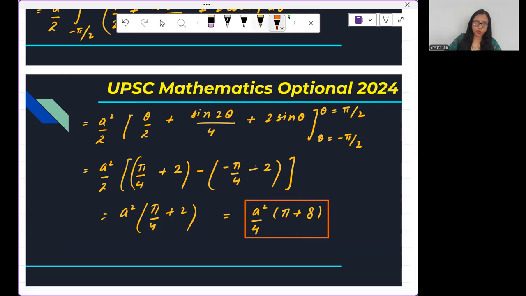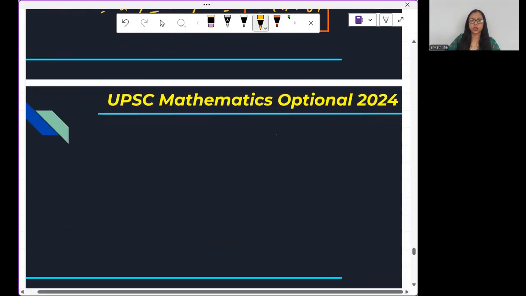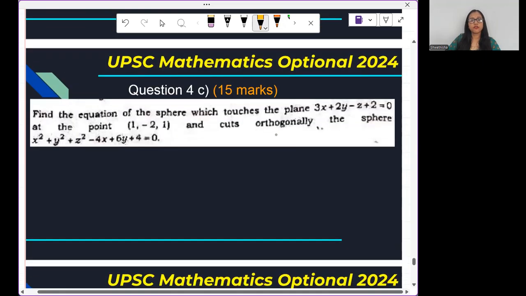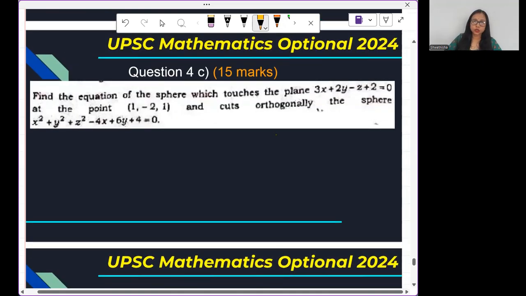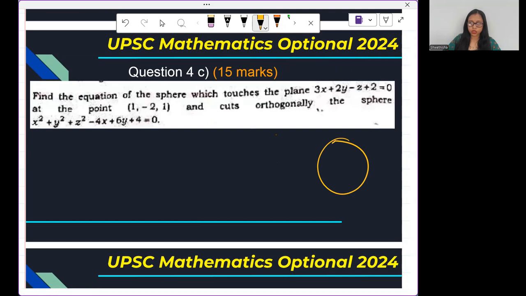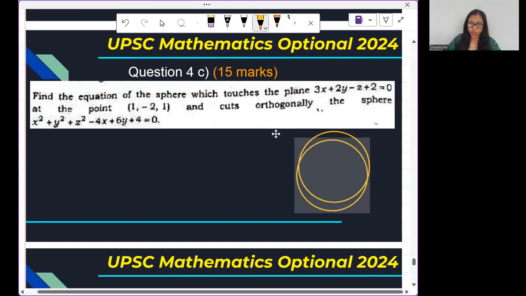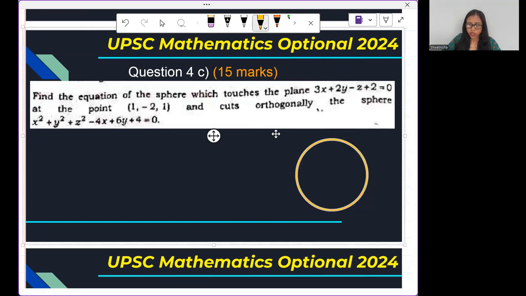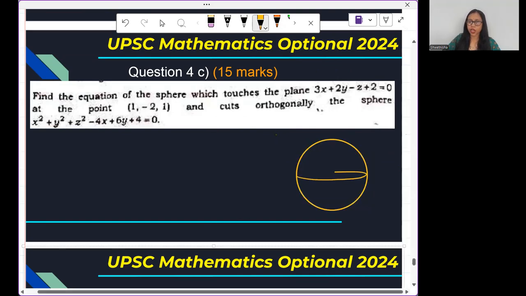Next, 4C part, and the last part of part A is this. For 15 marks, find the equation of the sphere. This is the sphere we're talking about. In analytic geometry, it's always better to start with a rough diagram.